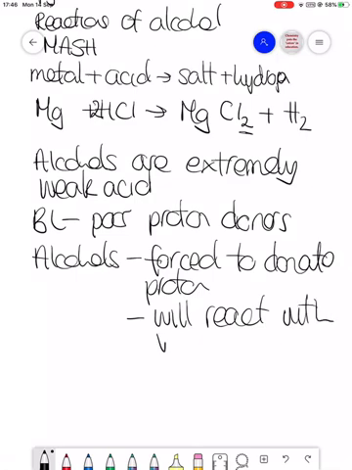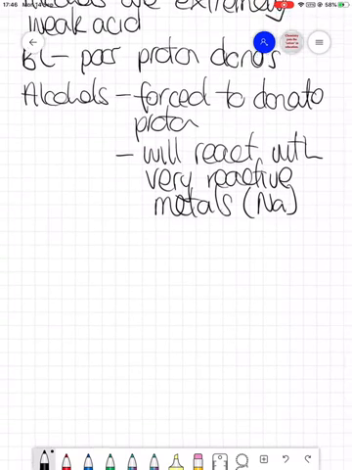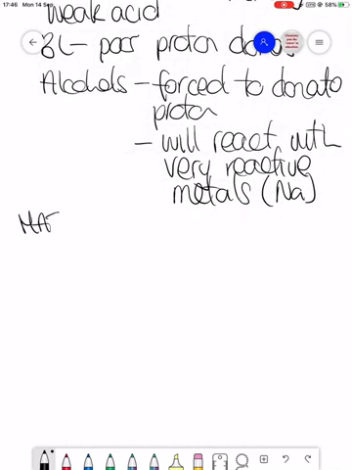The setup that I had the other day in lesson was to show you what would happen if we put a drop of sodium into a little beaker of pure ethanol. So we go back to our metal-acid reaction, because this is the one we're showing you.